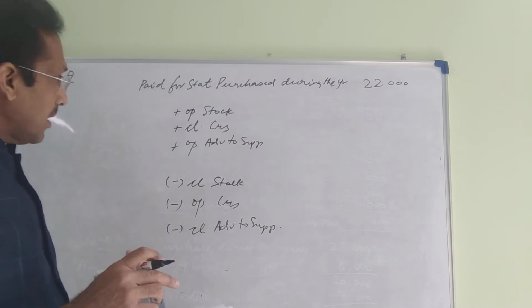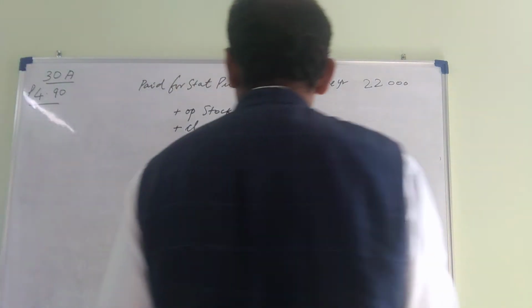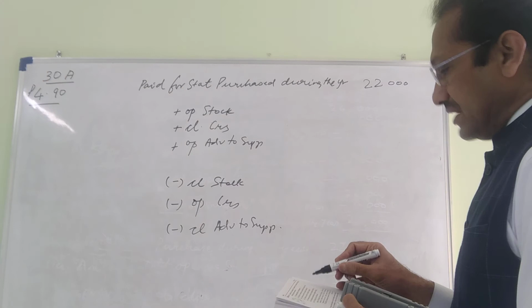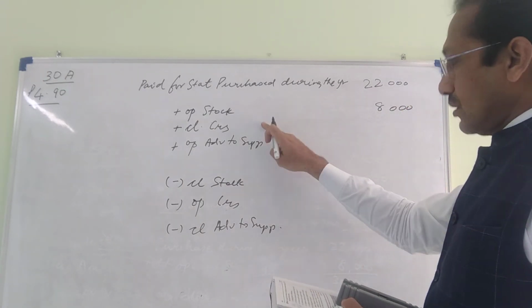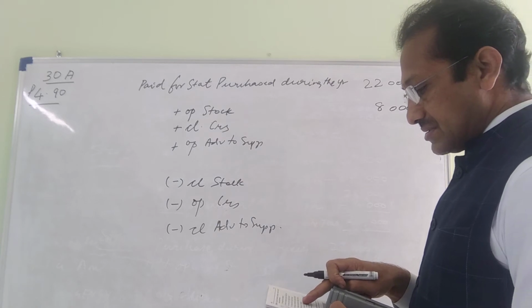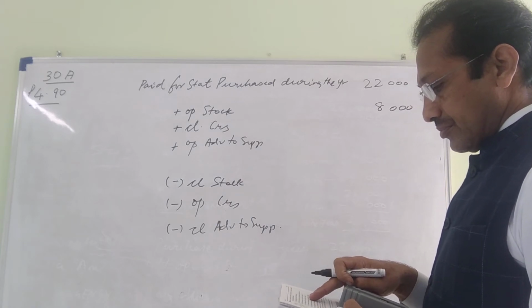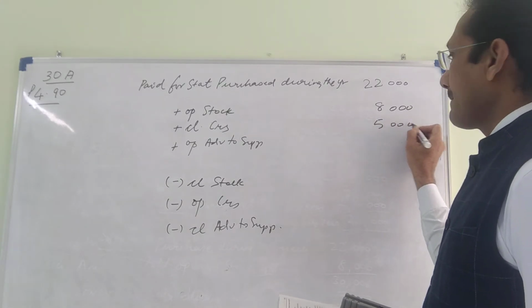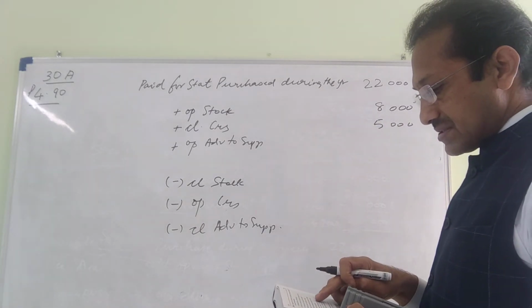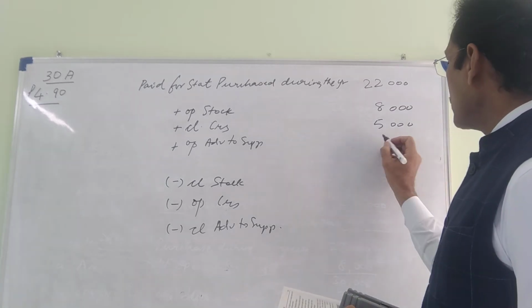So let us fix the amounts. Opening stock is 8,000. Then closing creditors 5,000. Opening advance 2,000.